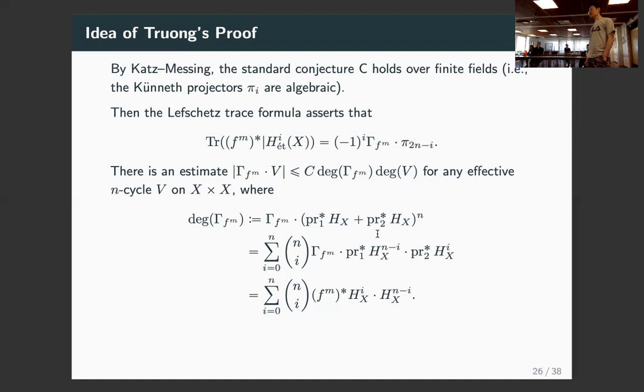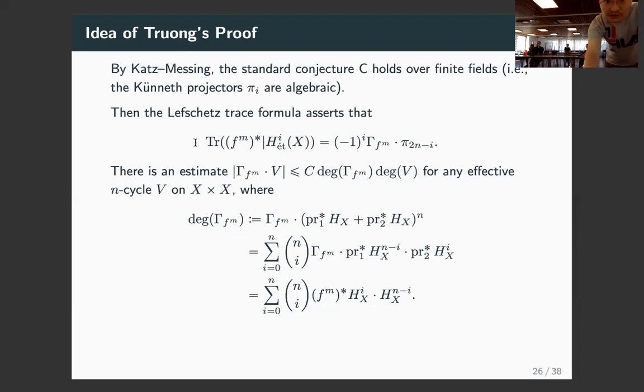If we expand this nth power, then we have the following sum by the standard combinatorial formula. Inside this sum, ignoring these coefficients, we have the pullback of F^m on H_X^i times H_X^(n-i), and this is due to the definition of numerical dynamical degree. The numerical dynamical degree is nothing but the limit of the mth root of this intersection number.